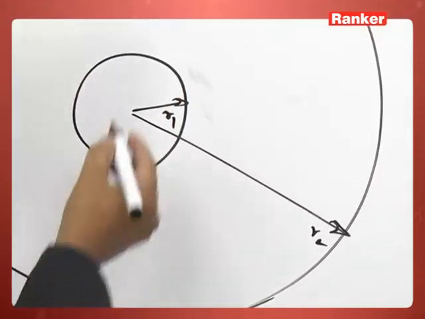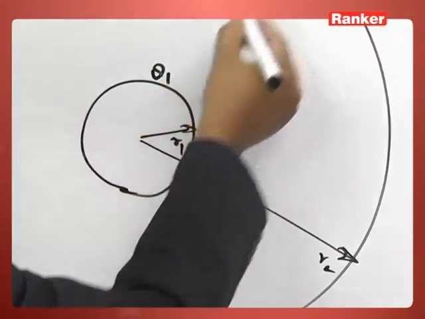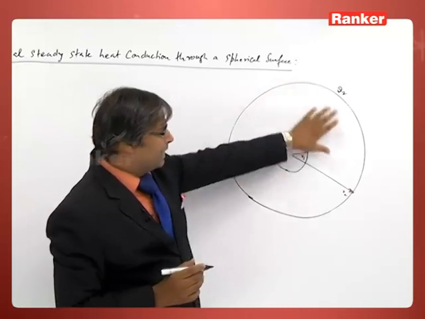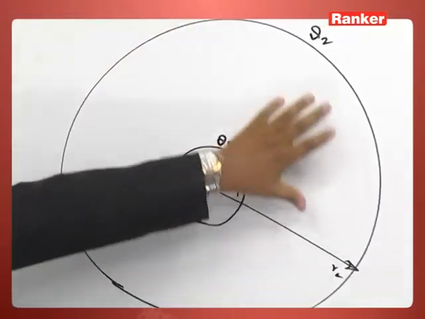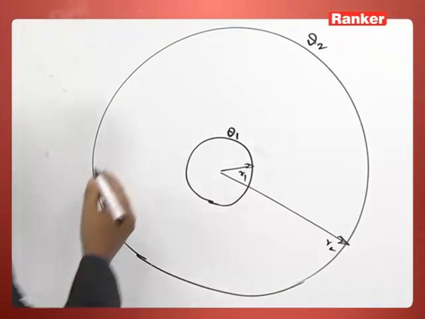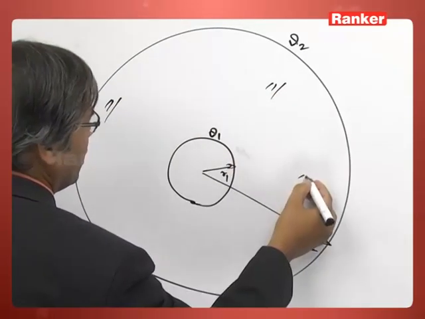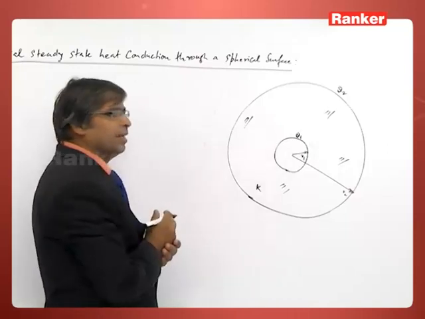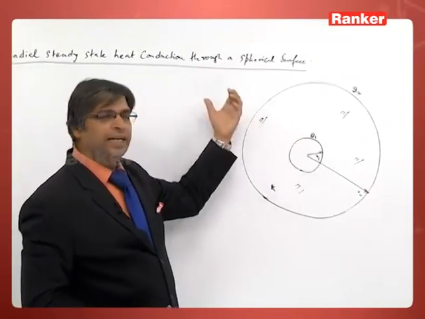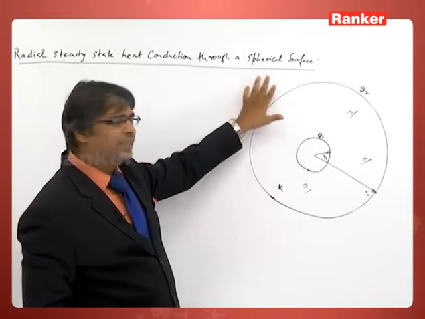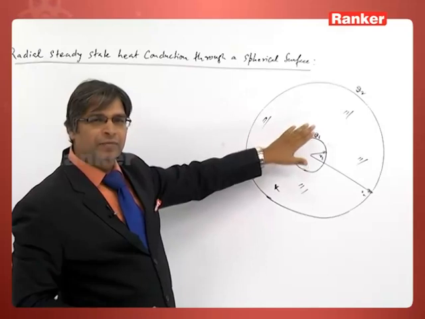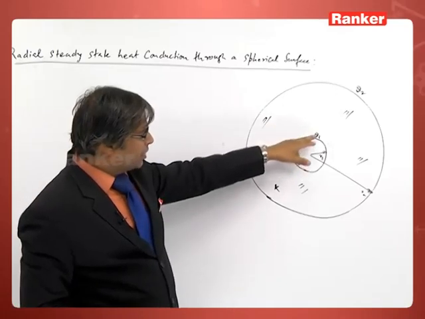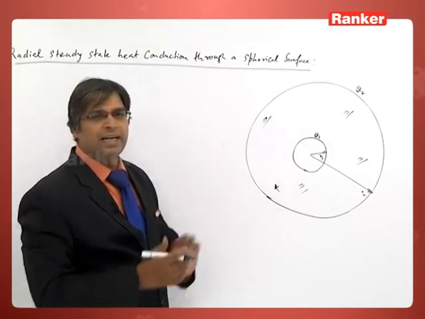The inner surface is maintained at temperature theta 1 and the outer one is maintained at temperature theta 2, and the annular region inside is filled with a material medium whose conductivity is K. We wish to study how heat current flows in steady state, what is the temperature at different radial distances, given theta 1 and theta 2, the temperatures of the inner and outer shell.